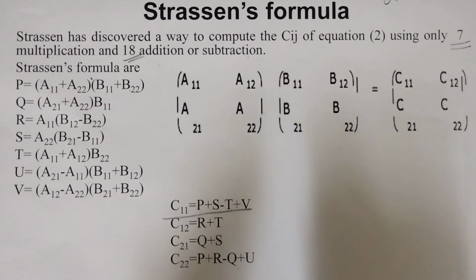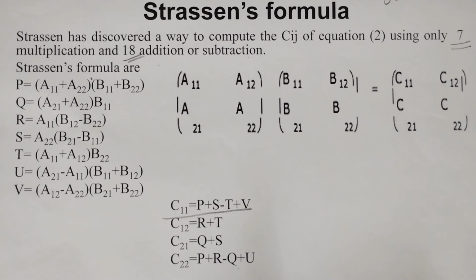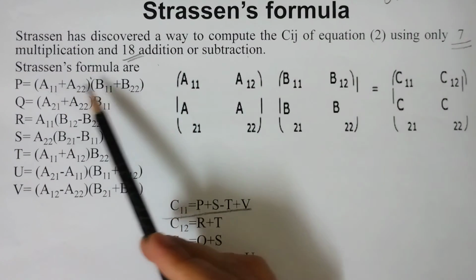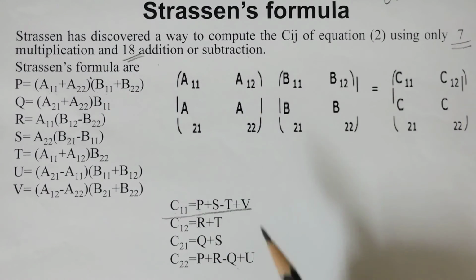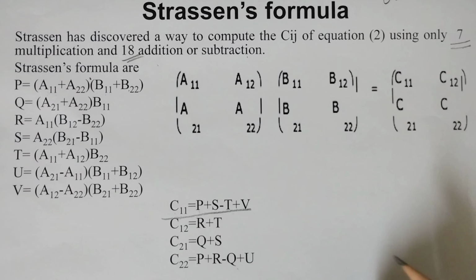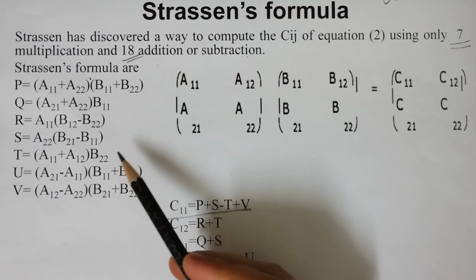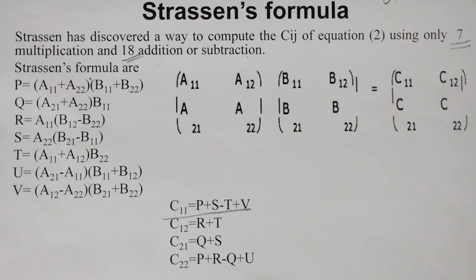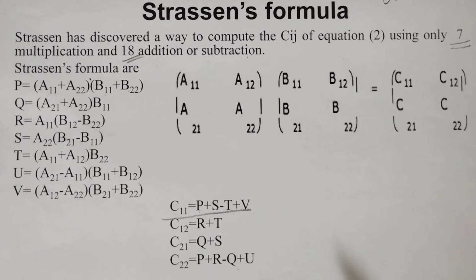So compared to the multiplication operation, the addition operation will take less time, right? So that is the reason in this Strassen's matrix multiplication the time complexity is slightly reduced, because of reducing the number of multiplications and increasing the number of additions or subtractions.